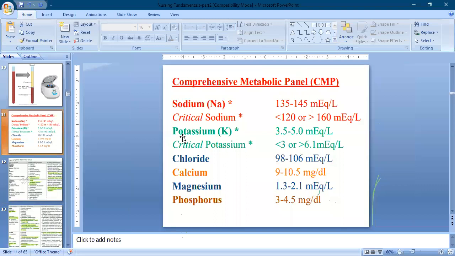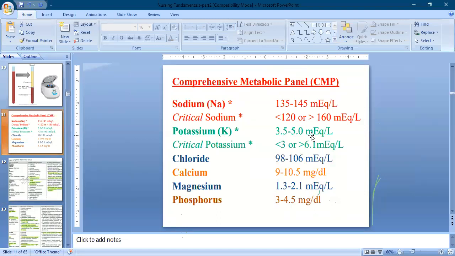This is called potassium, right? Potassium is shortly called K. The normal range of potassium is 3.5 to 5.0 milliequivalent per liter.